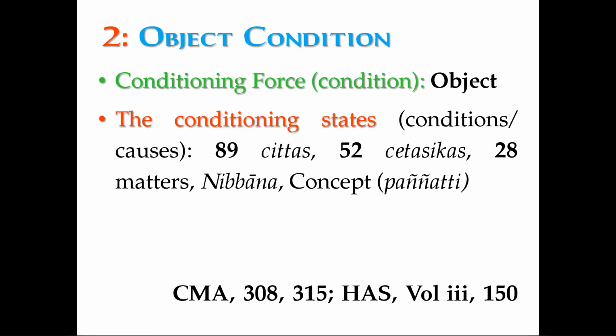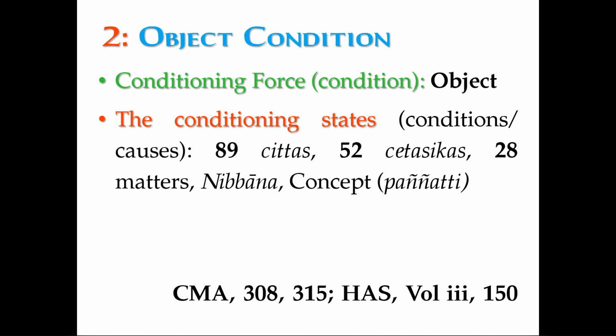And the next one is the conditioning states or causes. So what are the causes? When we combine all these 6 objects, we have 89 chetas and 52 chetasikas, 28 matters, Nibbana, concept. That is what we have been learning in Abhidhamma up to now.